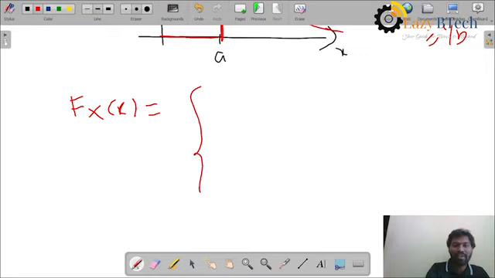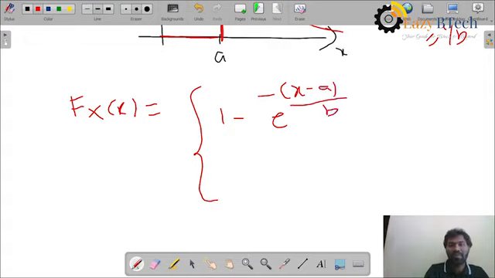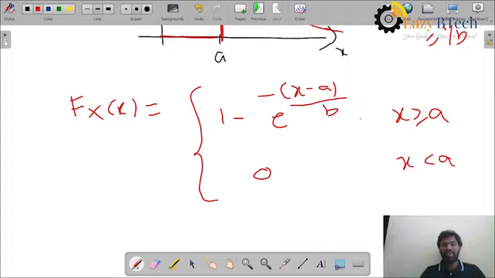In the same way, the distribution function of the exponential random variable is 1 minus e^(-(x-a)/b) for x greater than or equal to a, and 0 for x less than a.